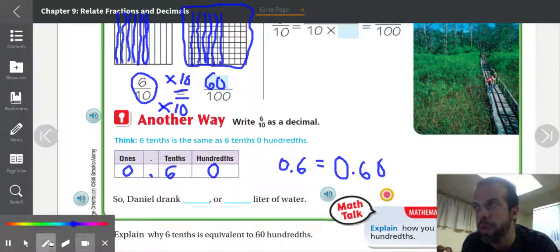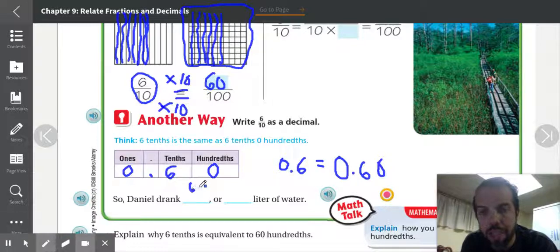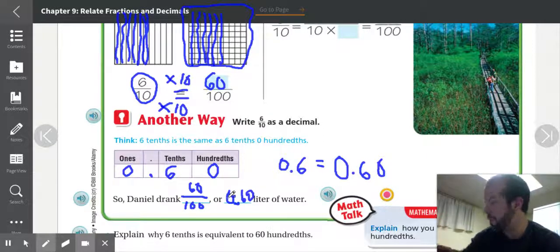So we're going to say Daniel drank 60 100ths. We'll write it as a fraction first because we're writing it fraction and decimal today. All right. And he also drank 60 hundredths, but we want to say that as a decimal.